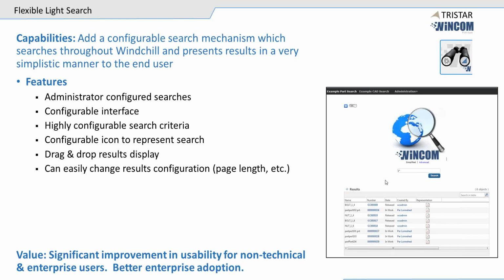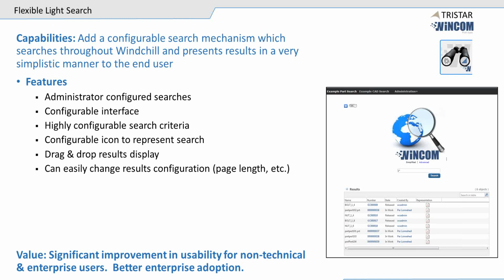Now, this page can be configured for kind of like a company portal view. So the search page that comes up, and what search criteria is available, can be different for different departments. I might set this up for my engineering department to just quickly pull up files without going into Windchill.